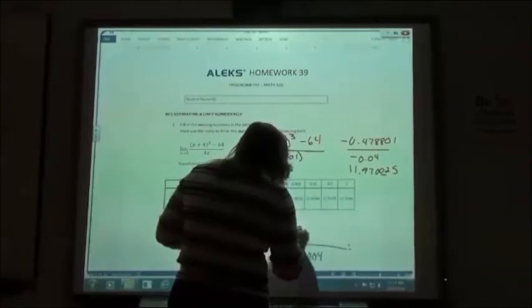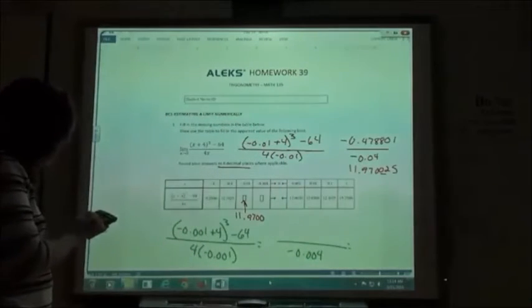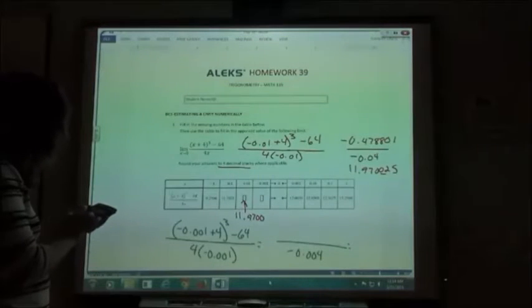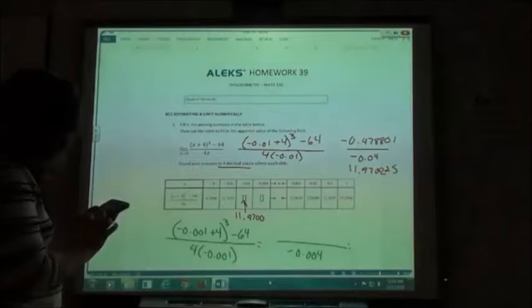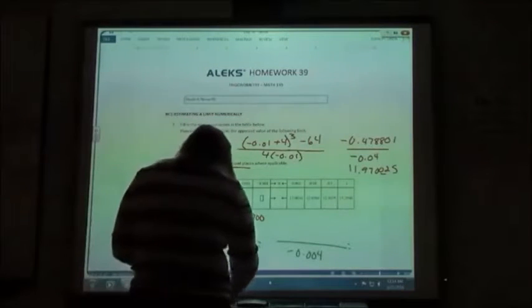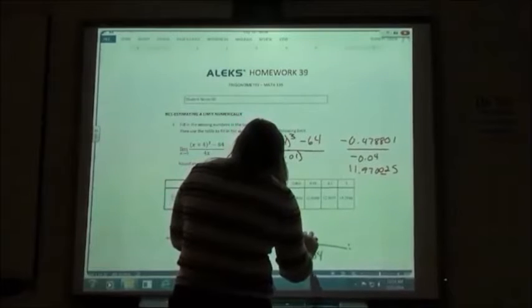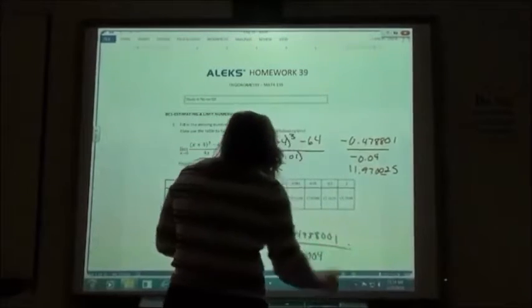Let me check my top number again. I know my bottom number is right. So, top number again, parentheses, negative 0.001 plus 4, close my parentheses, cubed, minus 64 equals, I left a 0 out when I wrote it down, negative 0.04988001.